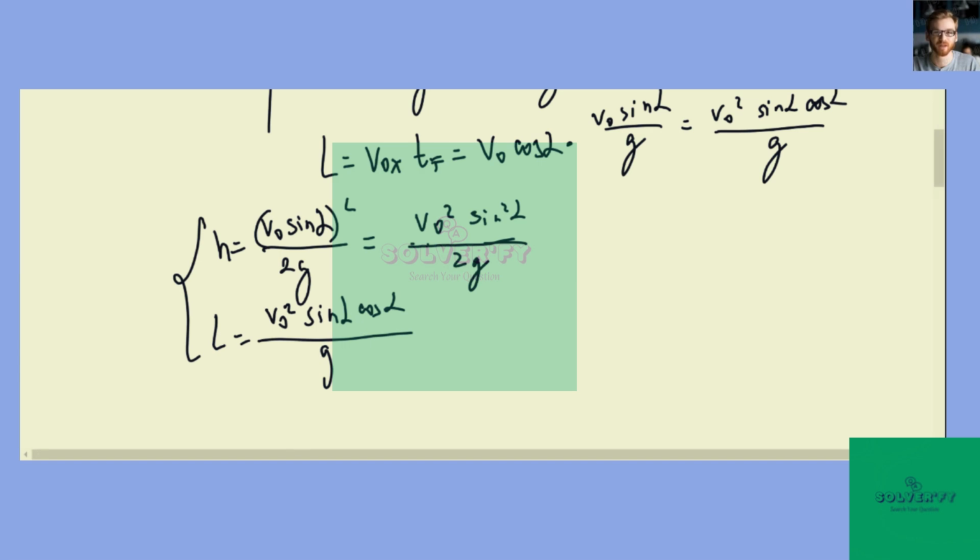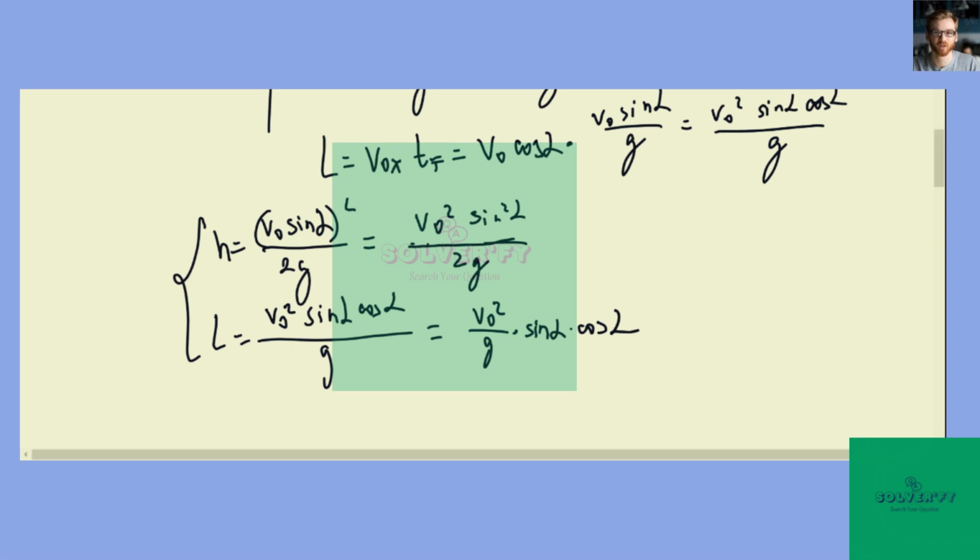Okay, and in the second equation, we have v0 squared over g times sine alpha times cosine alpha equals L. So what do we have?